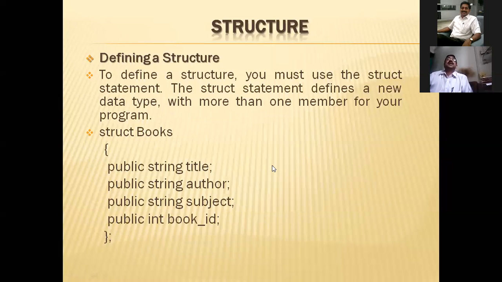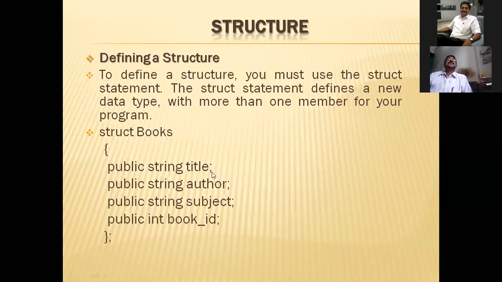As we have seen with this book structure in our last slides, the structure is developed by using the keyword struct. Books is the structure name, and inside the braces we have mentioned the different members.